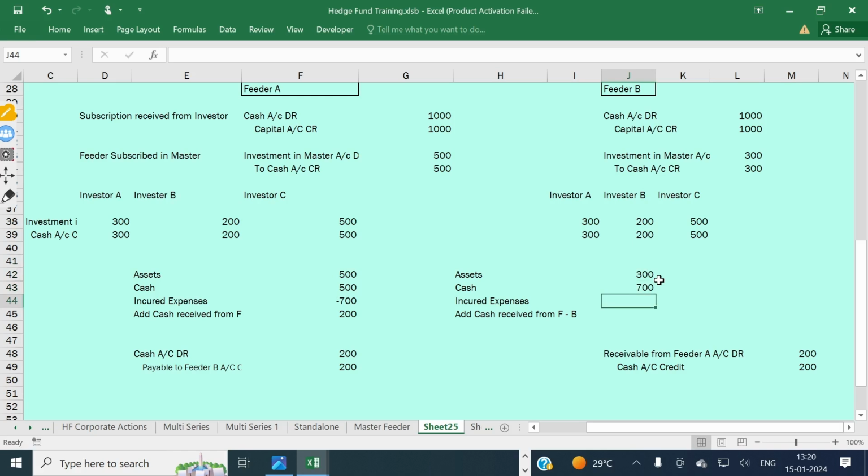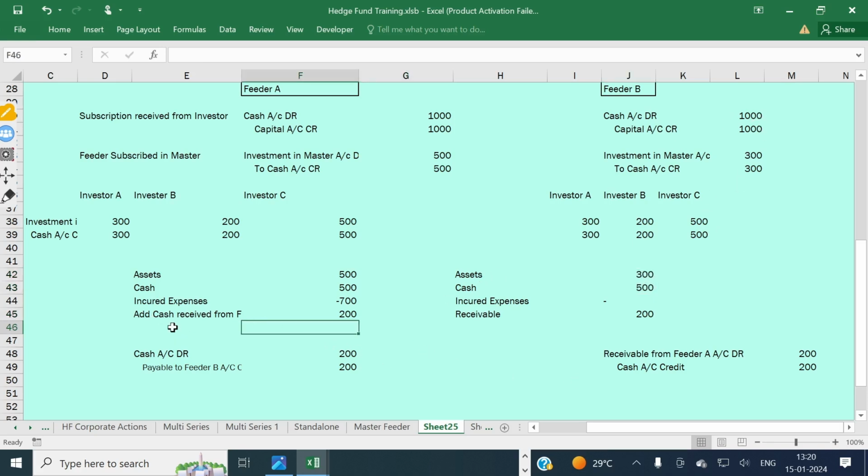Incurred expenses, assume no expenses received, and the receivable would be 200. So the updated cash would be 500 and then 200 as a receivable. See, then it will tie their assets, total assets, which is tied with the 1000.